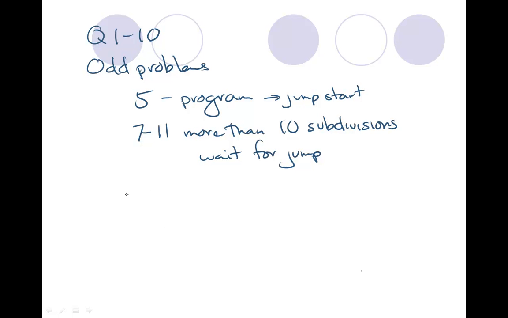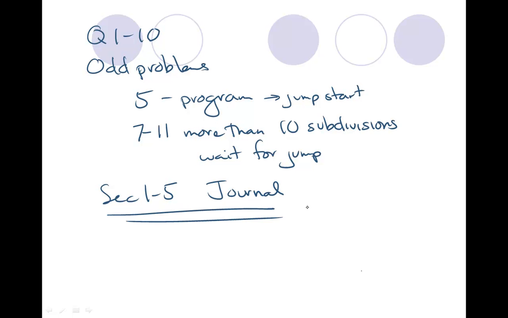Also, please look at section 1-5 where they ask you to begin a journal. This, I think, is a very, very important tool to use throughout the year. I would like everyone to begin a journal, whether it's a separate small notebook or a set of index cards, or maybe one of those index cards that's on a ring binder so that you can keep them all together.